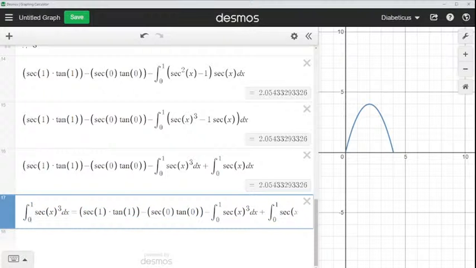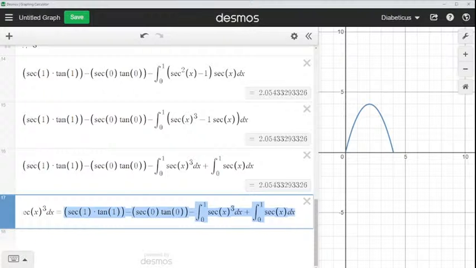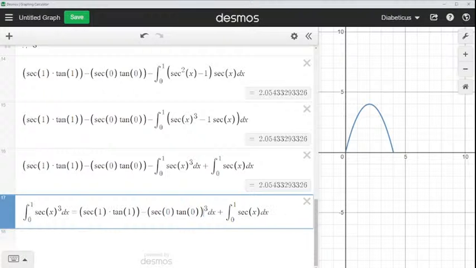But this entire business here is equal to this other business here. And as you can see, this right side secant cubed has a minus on it, meaning we can add this to the other side. So plus this integral. So it looks like this, right?